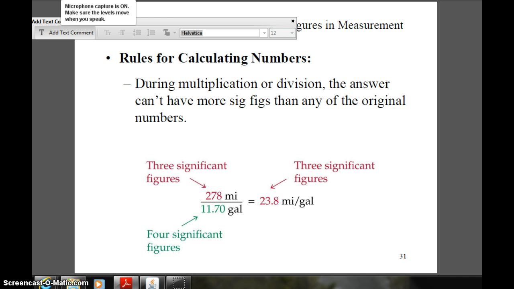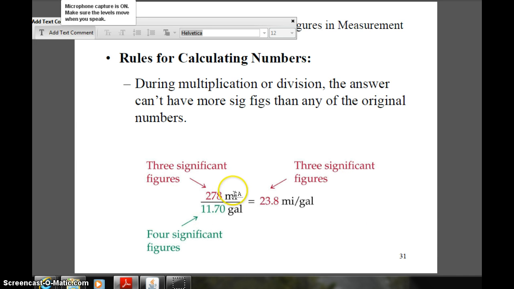Now, when you're making measurements, depending on whether it's a multiplication or division or whether it's an addition or a subtraction, rules are different. So, for example, in this case, I want to figure out the mileage for a particular gas that covered 278 miles in 11.70 gallons. And if you think about it, 278 has 3 significant figures, whereas 11.70 has 4 significant figures.